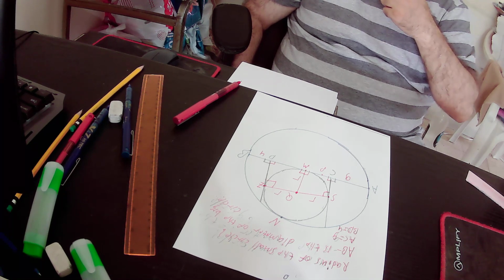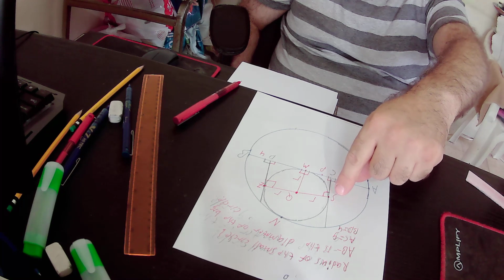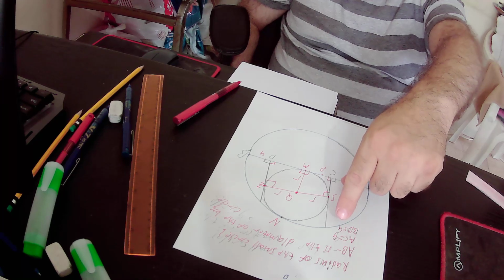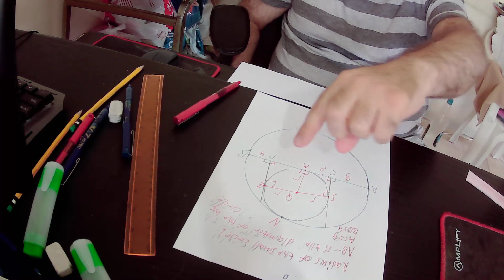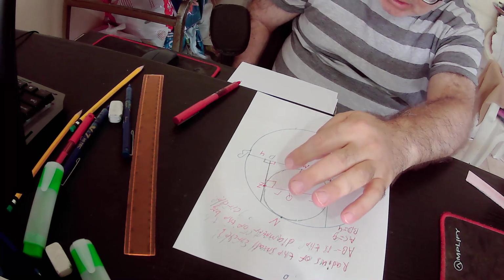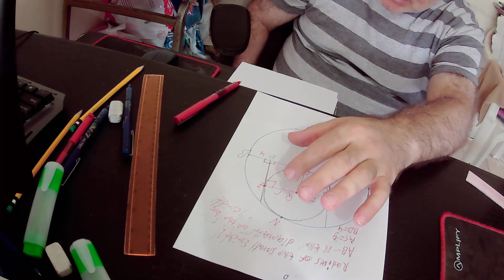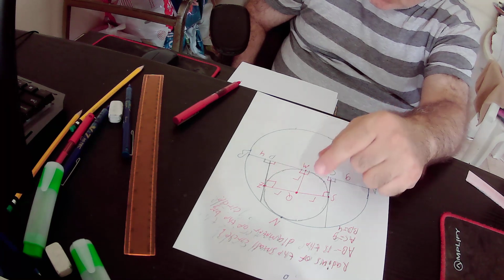Okay, this radius is drawn to the launch point, it touches the launch point, therefore this angle is a right angle because the tangent is perpendicular to the radius. Also this radius is drawn to the launch point, it touches the launch point, therefore the tangent is perpendicular to that radius, that is to say this angle is a right angle.